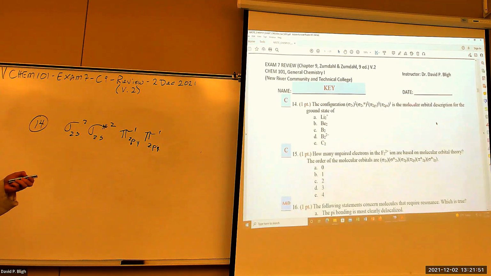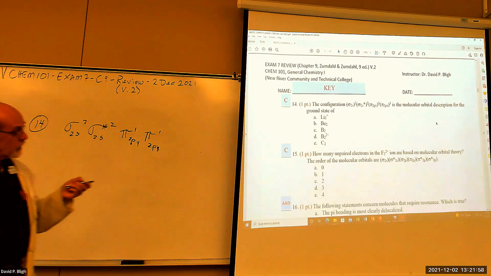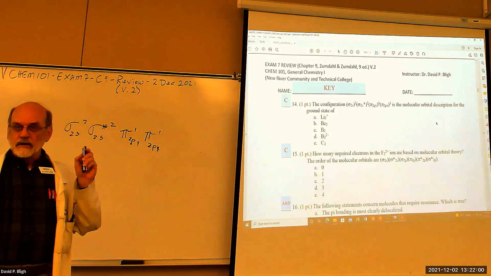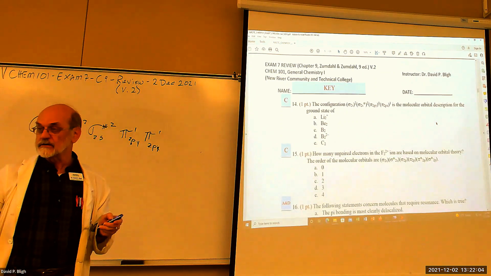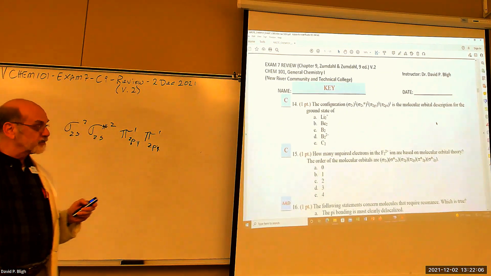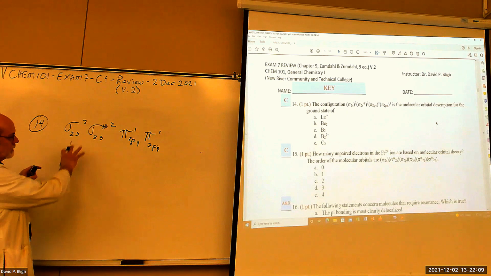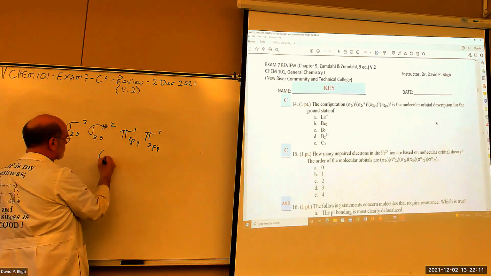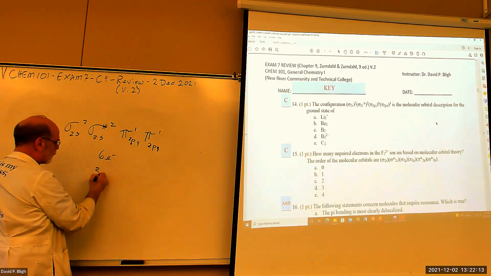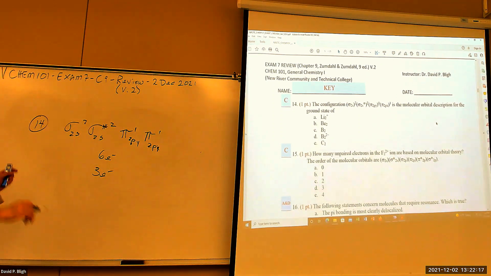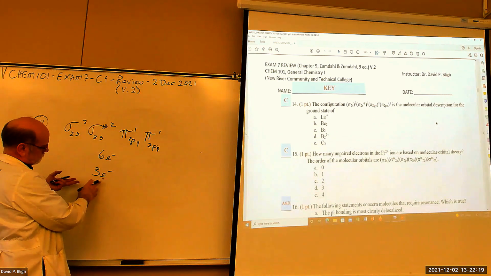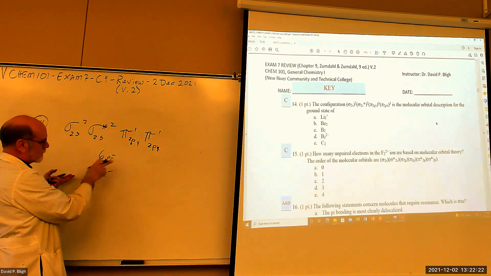All right, now let's see, what's the question? This is the orbital description for the ground state of which one of these? First thing you'll notice is these are homonuclear diatomics. They're made from the same element, 2 of them together. So we split it in half. We have 2, 4, 6 electrons. That means we have 3 electrons from each one. Or I suppose we could have had 4 from one and 2 from the other.